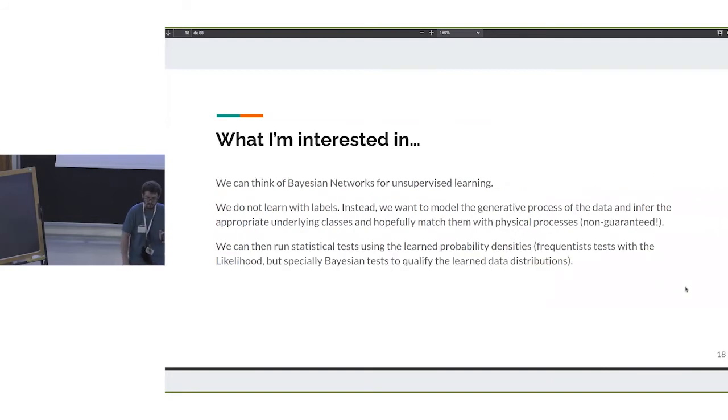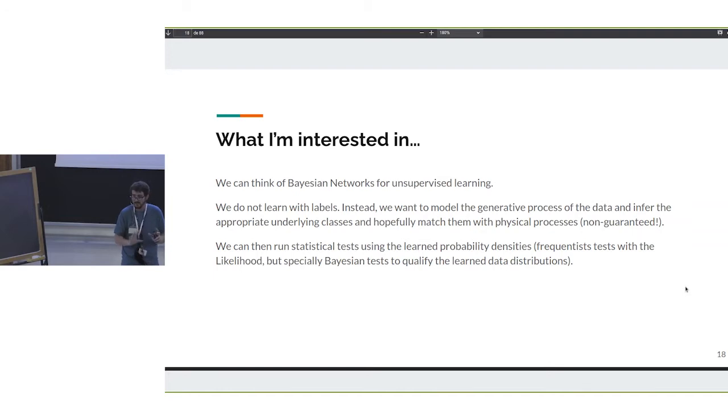So what I'm interested in right now is that we can think of Bayesian networks for unsupervised or semi-supervised learning. In this case, we don't learn with labels. What we do is we want to model the generative process of the data of interest and try to infer the underlying appropriate classes and hopefully match them to some physical underlying processes, something that we do not observe directly, but which we know has to be tied to the observable data.